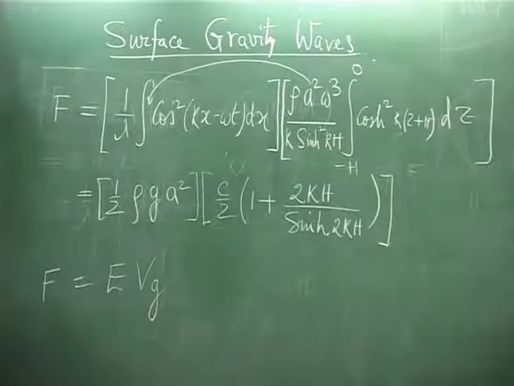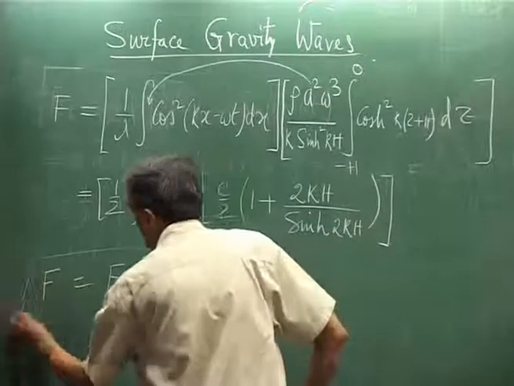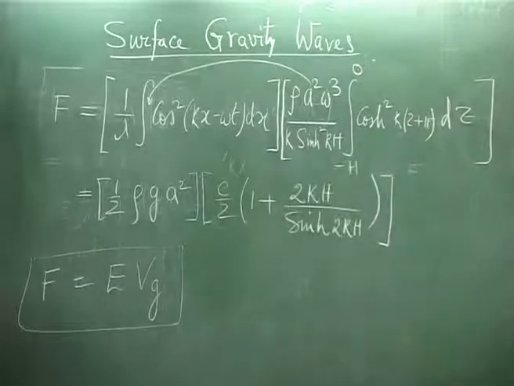We have shown this for a specific example, surface gravity waves. But if you recall, when we looked at the superposition of two neighboring waves, there also we saw that the amplitude propagates at Vg, and we related amplitude squared to energy. So you are seeing the same thing. Given a physical system and asked to compute how energy is propagated, we need to know the correct velocity scale.